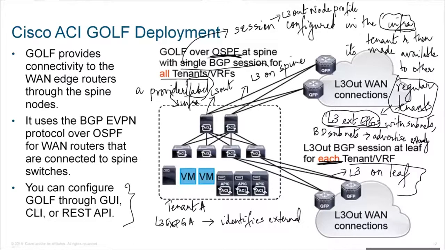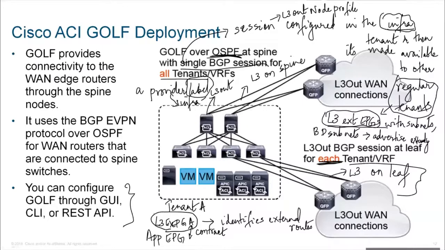Or it could be quad zeros if you want it to behave like your default route. And then you have within the application an application EPG. So these two would need a contract, for communication between the application EPG and the one that you define.